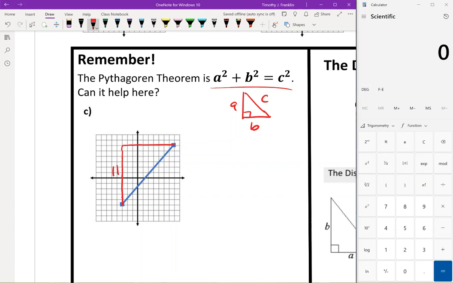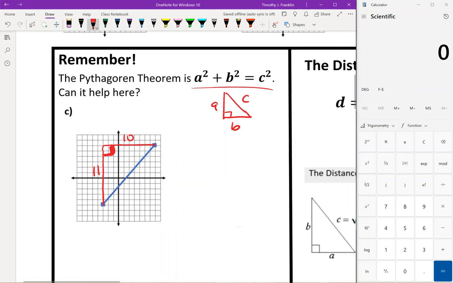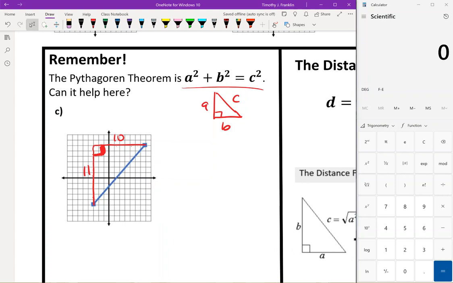This is 11 units tall and 10 units across. And it is a right angle because we have a vertical and a horizontal line there. So we know this is a right triangle.